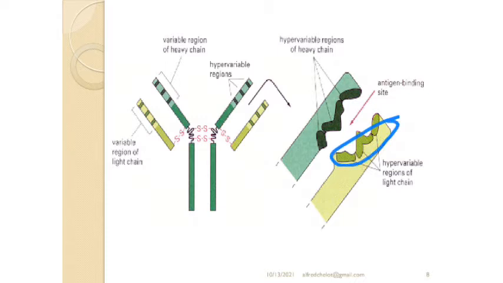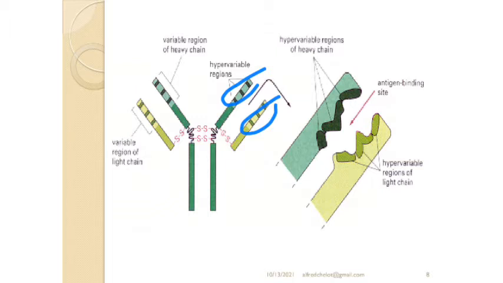And we have said the hypervariable regions will contain 5 to 10 amino acids. So you can see the arrangement of the amino acids on the hypervariable region of the heavy and the hypervariable region of the light.